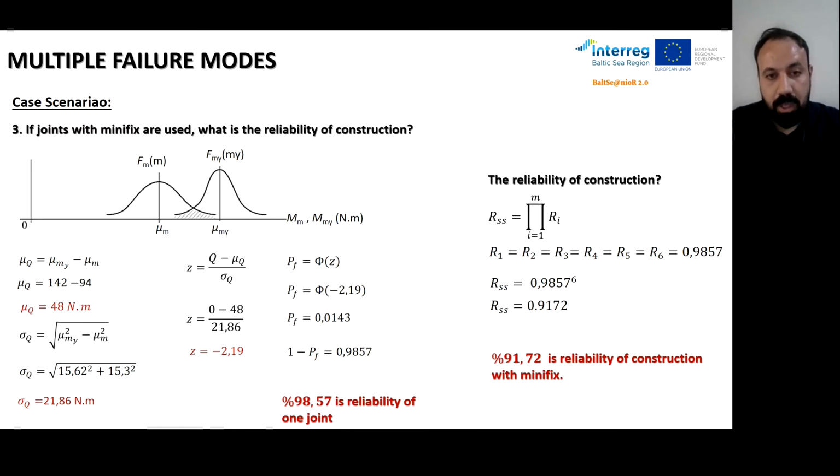If I use Minifix, I get higher reliability in my furniture, in my construction, in my bookcase. But mostly Minifix are used with double joints. Let's see how we increase our reliability while using two joints.